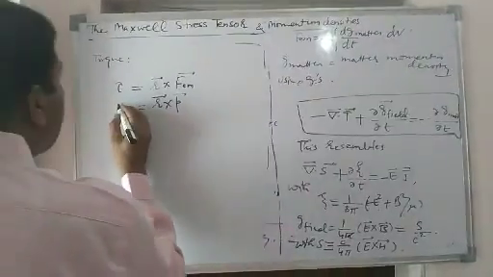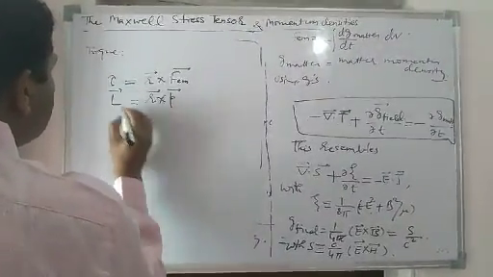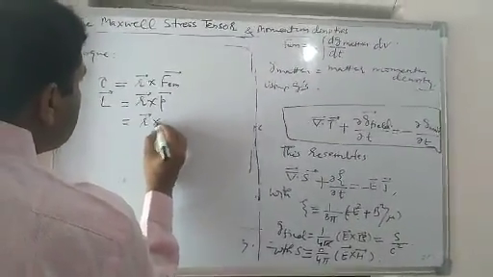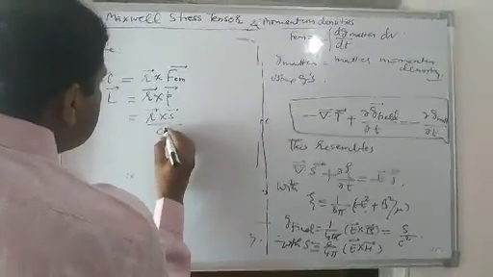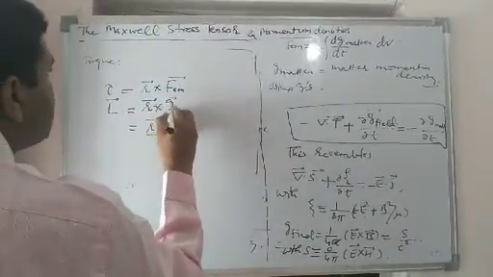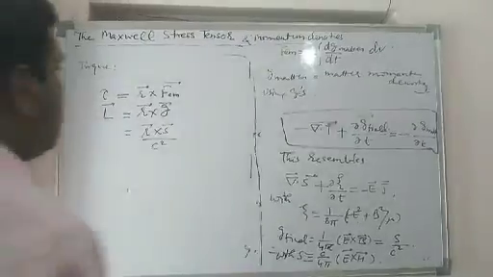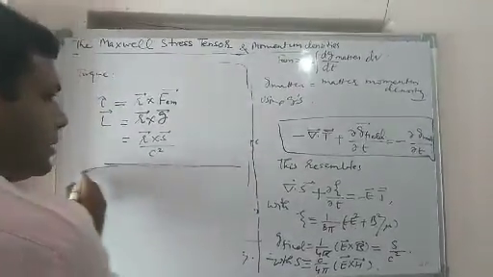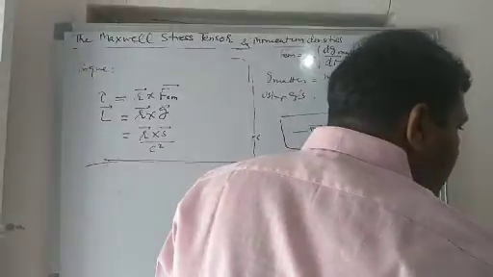It's called the angular momentum. So that's going to be R cross S by C square, R cross G. Okay, so with these things we end.